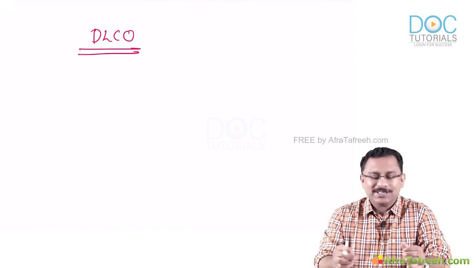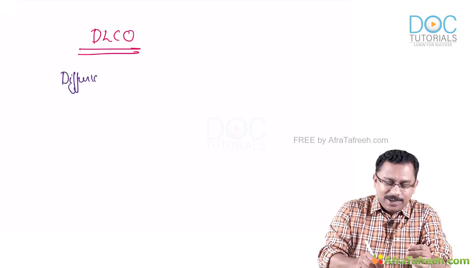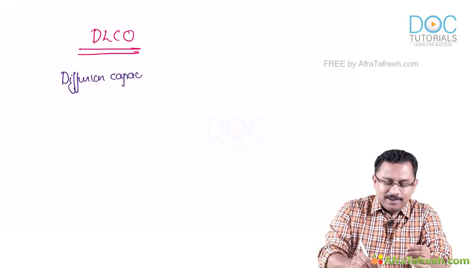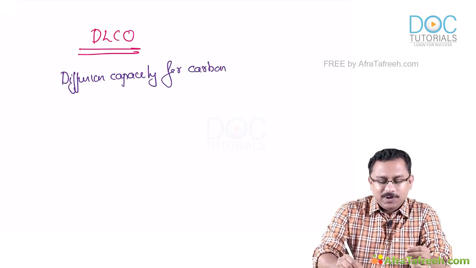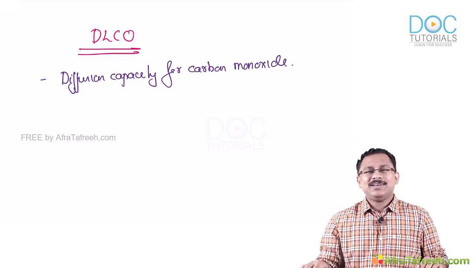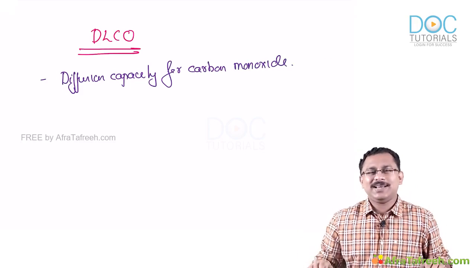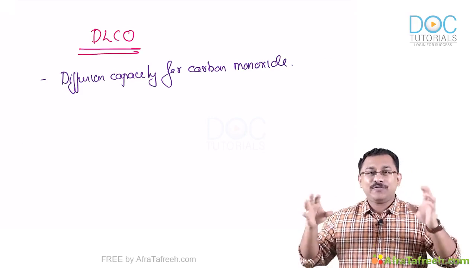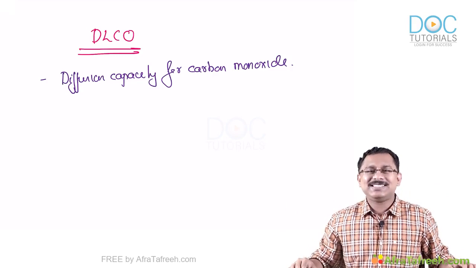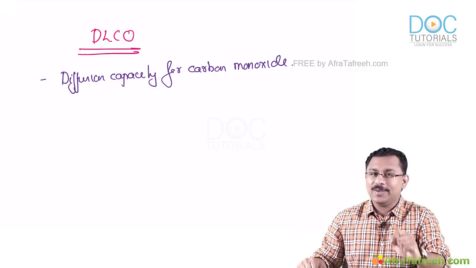DLCO stands for diffusion capacity for carbon monoxide. This is a separate technique, but it is very important because after discussing DLCO, I would be showing you a flow chart on making a distinction between the various lung disorders. For that, DLCO is very important.